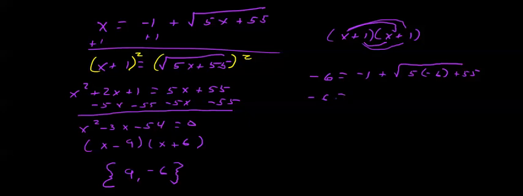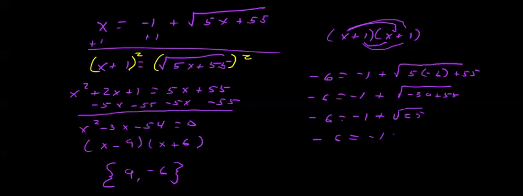Negative 6 equals negative 1 plus square root of negative 30 plus 55. Negative 6 equals negative 1 plus square root of 25. Negative 1 plus 5. Negative 6 equals 4. Does not check. Negative 6 is not an answer.